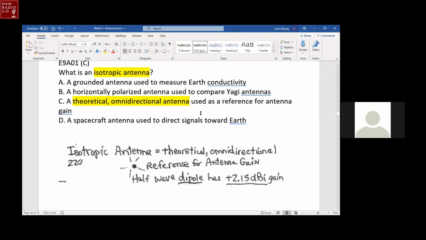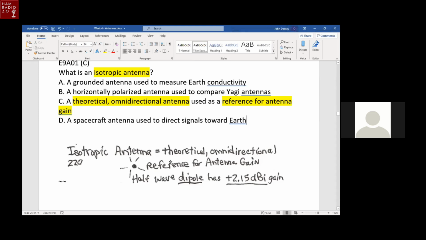It doesn't exist. It's used as a reference for antenna gain. It's what antenna engineers commonly reference antenna gains to for antennas they're designing. An isotropic antenna is a theoretical omnidirectional reference for antenna gain.